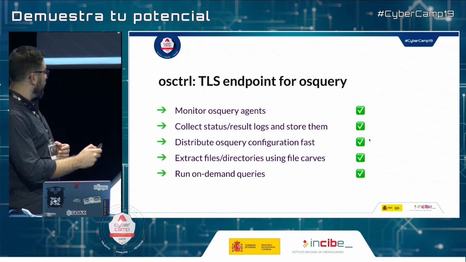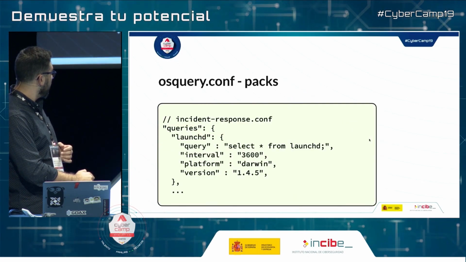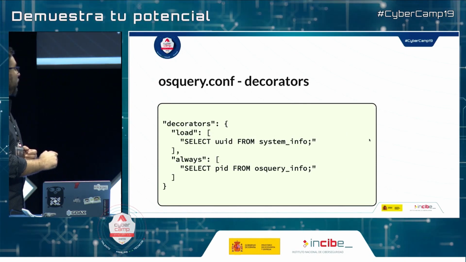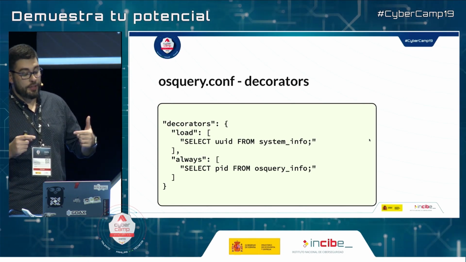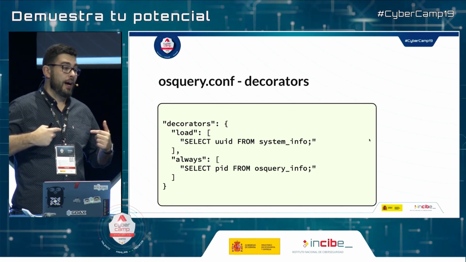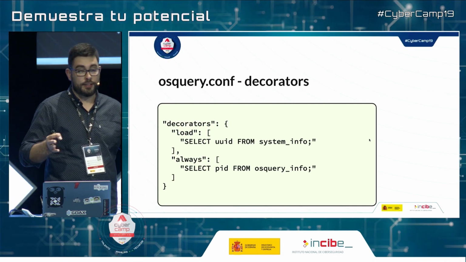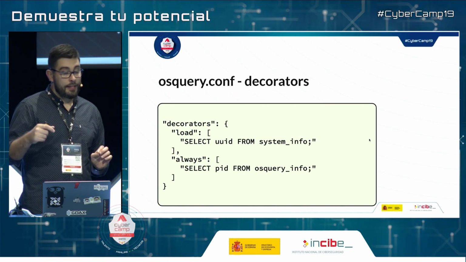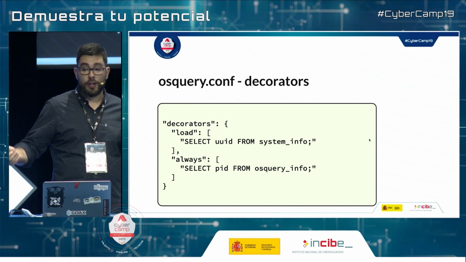And basically you can define the decorator so that it is used only when osquery is loading, so that every time it starts, you execute that query because you need that information, and that information would be sent with the results logs that are being sent to a remote system.